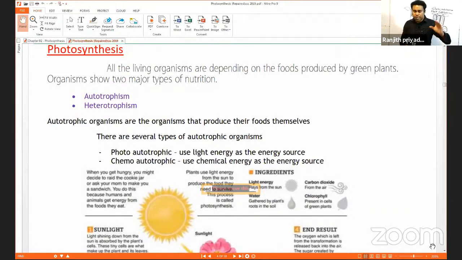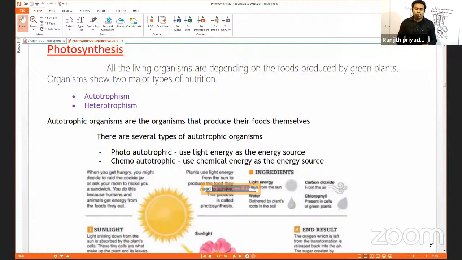We call that cyanobacteria. Another type of microorganism is algae. That's also involved in this process of photosynthesis. But here, the large amount of food is produced in large scale by these green plants.